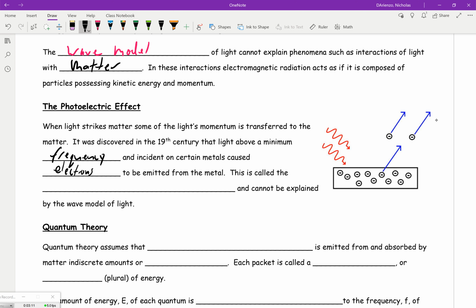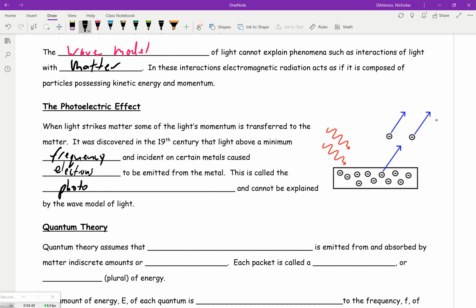So in theory, if you were to take a steel cooking pot out of your cupboards and shine your flashlight onto that pot, you could essentially eject electrons off of the pot. Now, this certainly doesn't happen, one, because the light from the flashlight isn't the correct frequency, and the metal making up the pot is probably not the right metal. But in theory, this is what the photoelectric effect is.